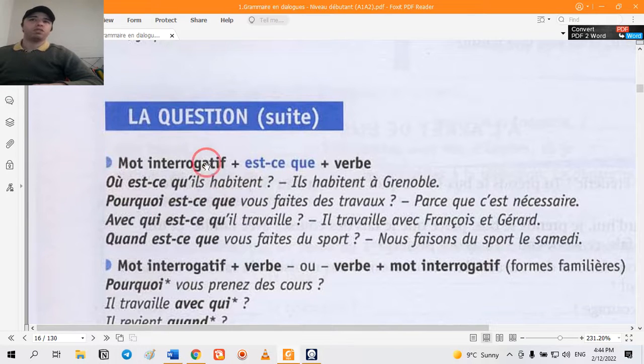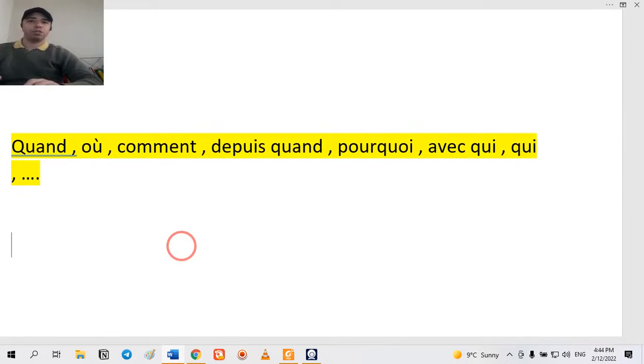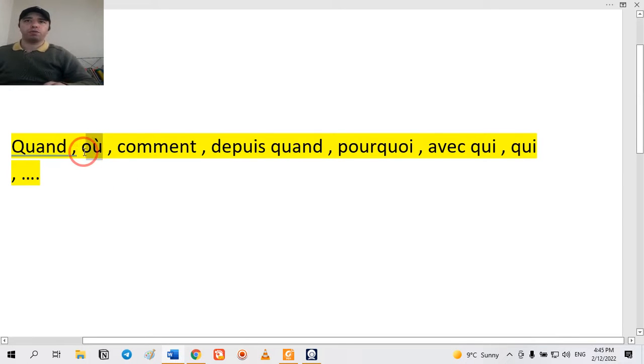Now we have some questions, and we are going to make all three types of questioning with this question. For example, you want to say where do they live. You have a question word in your question, and the question word is où.